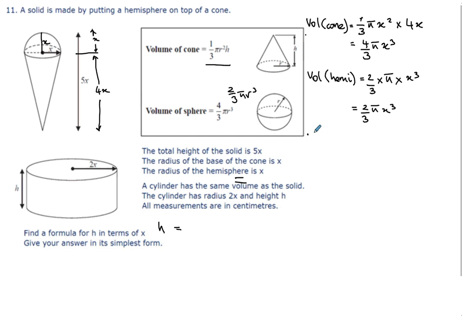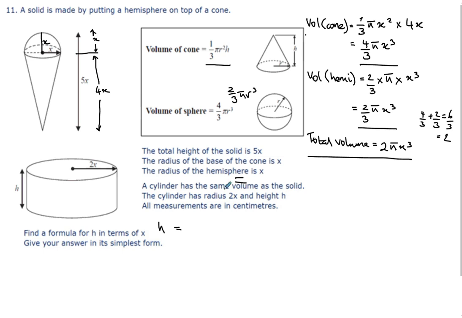So can you see the total volume there? Equals 4/3 pi x cubed plus 2/3 pi x cubed. Now we know 4/3 plus 2/3 would give you 6/3, which is 2. Yeah, so your total volume is actually 2 pi x cubed.